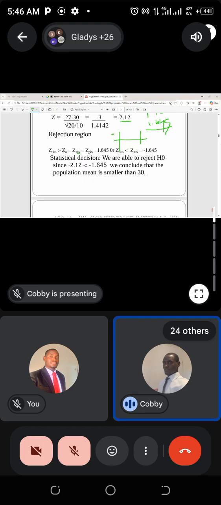You are going to find the value in the table. For the two-tailed, we have this 0.05, but now when you are looking at the two-tailed, you divide by 2, and it will give you 0.025, right?